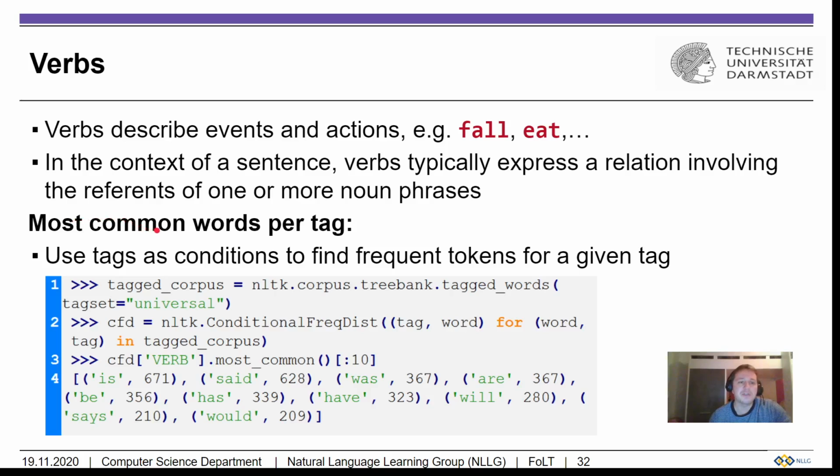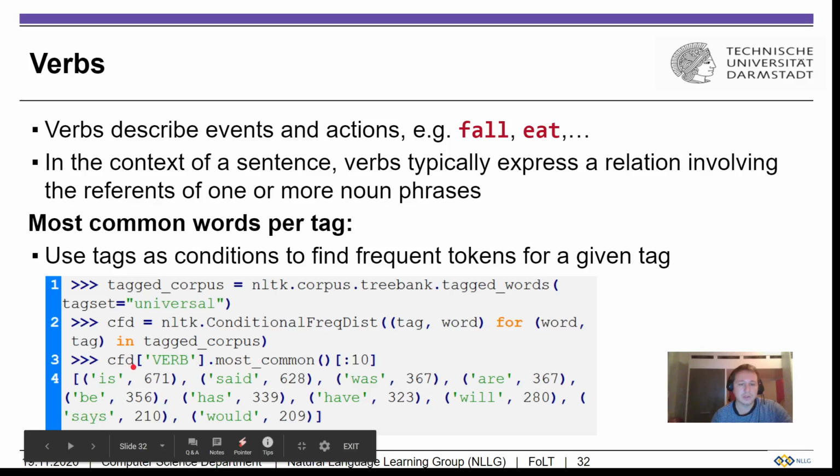If we want to check for the most common words per tag, how would we do this in NLTK? We would go to the treebank and to our tagged words, and check the universal tag set. We make a conditional frequency distribution over the list that contains all tags and words, for each tag-word pair in our tag corpus.